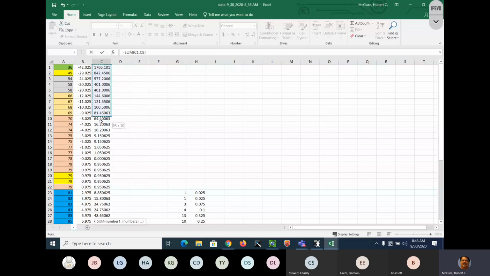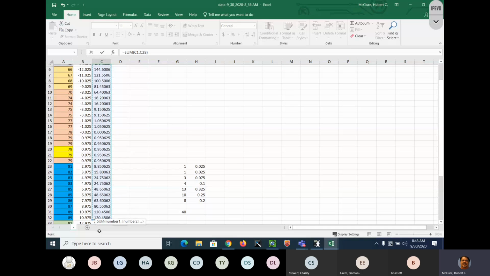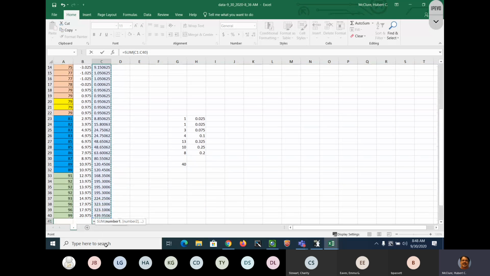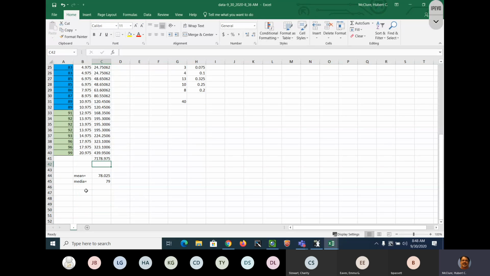And divide that by n minus 1. So the variance is equal to this number divided by 39. And then the standard deviation is this number raised to the 0.5 power. So 13, I'll write it down. 13.56747.